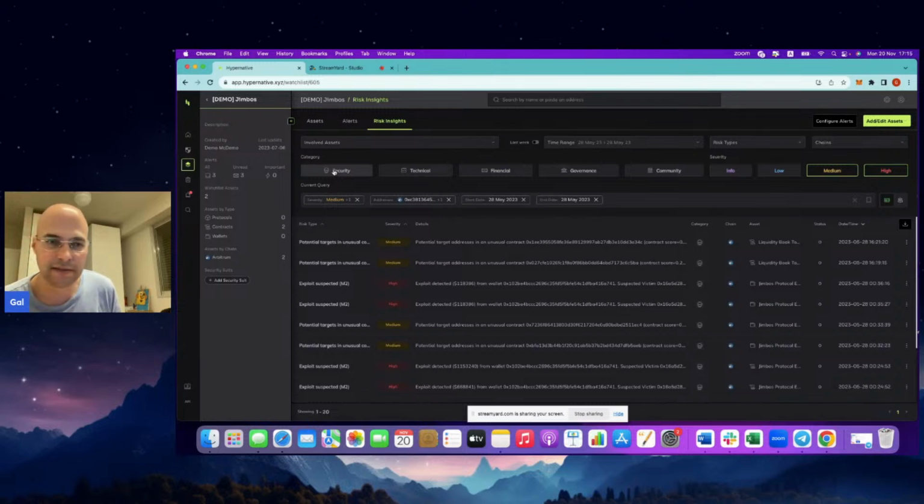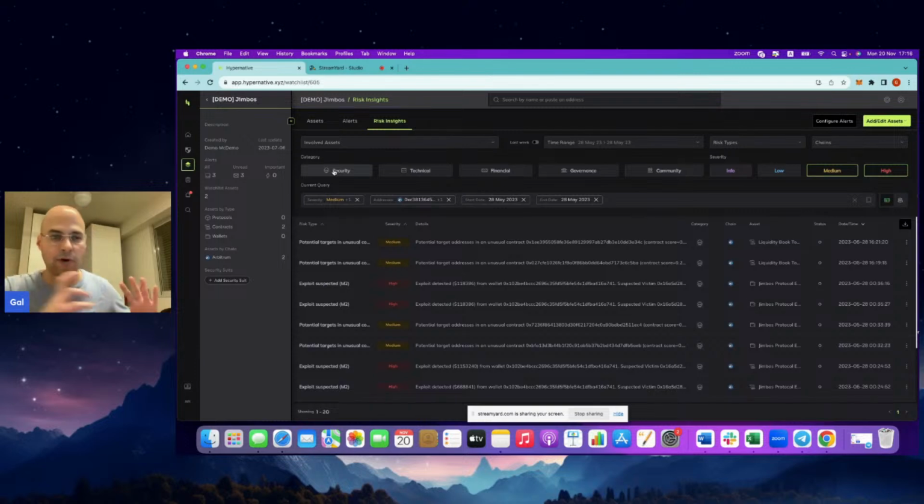And I think one of the important elements when you are detecting security events before they happen is, first, that you are detecting as widely as possible, right? Like you are detecting all the possible different vectors through which your protocol might be manipulated. It could be through a smart contract bug that you introduced and the audit missed.